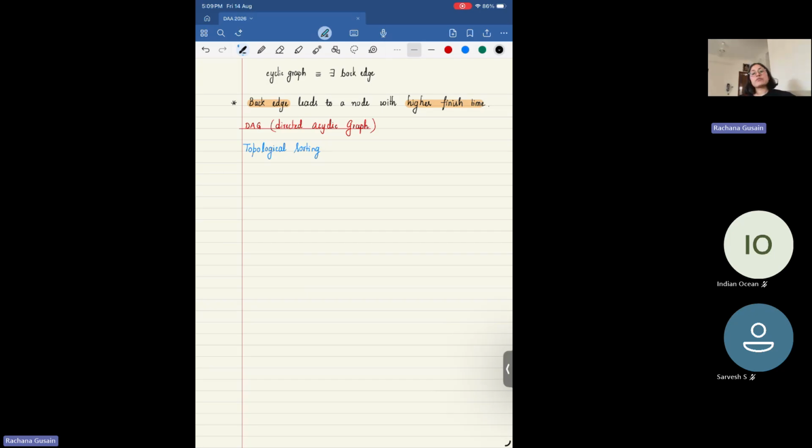So only the presence of a back edge guarantees that the graph is cyclic. It can be either a directed graph or an undirected graph.